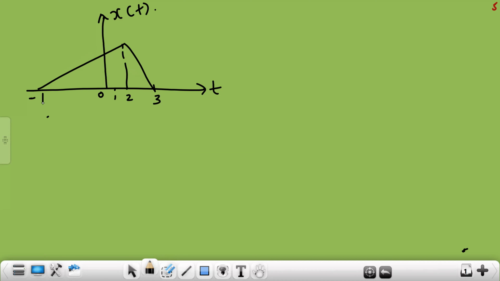So this is a signal that you have, and you need to plot x of t minus 2 and x of t plus 3.